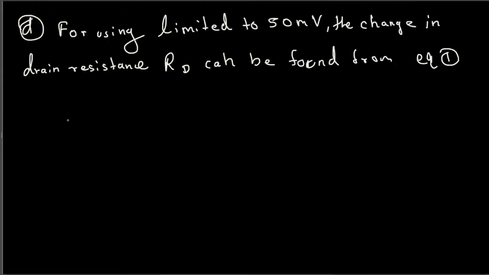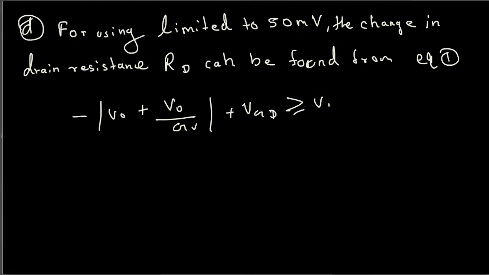Okay, let's rewrite that equation. Let's put that one here. Minus V0 plus VO divided by GV plus VGD is greater than or equal to VTP. And here we can make this denominator common by multiplying top and bottom by GV.